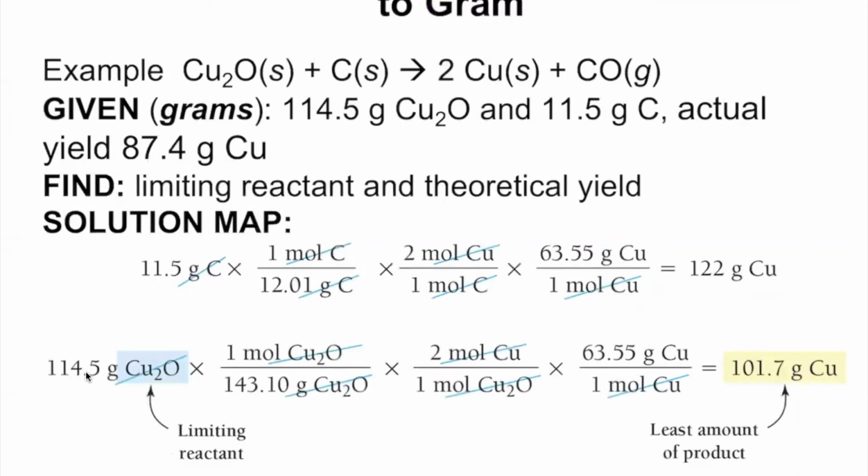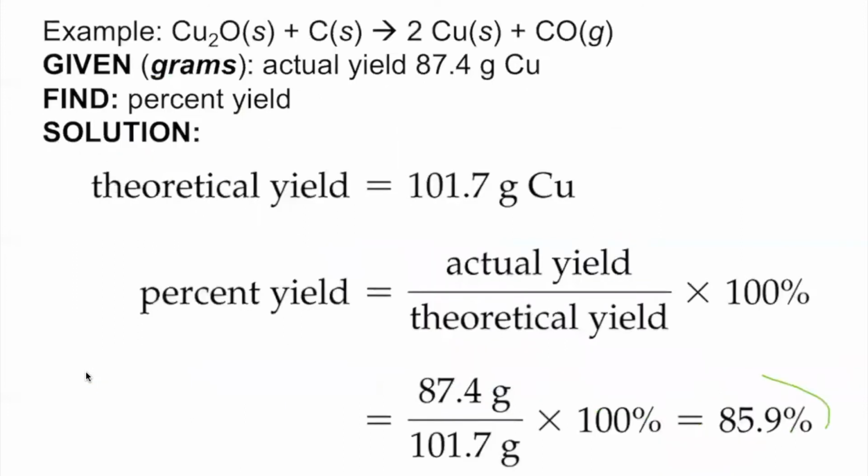Notice that you started with different amounts, but because copper(I) oxide gave you the least amount of product, copper(I) oxide becomes the limiting reactant, and the 101.7 becomes your theoretical yield. Notice that it says yield, so this one is your actual yield, which we're going to need in order to calculate your percent yield.